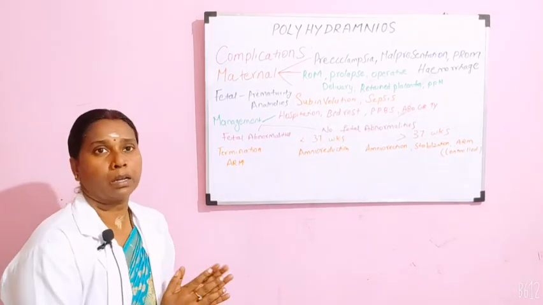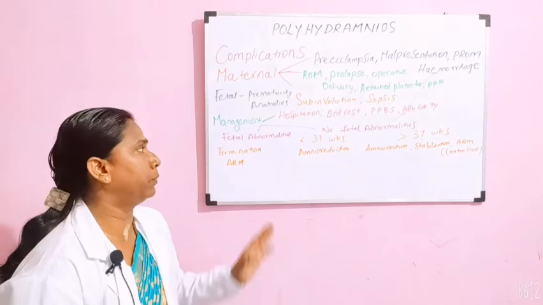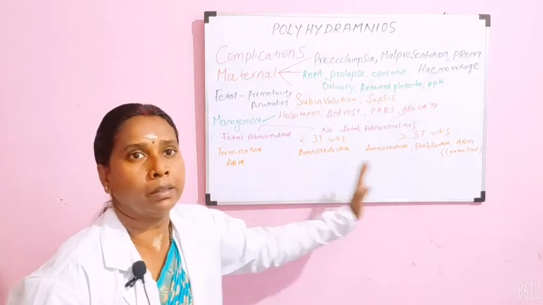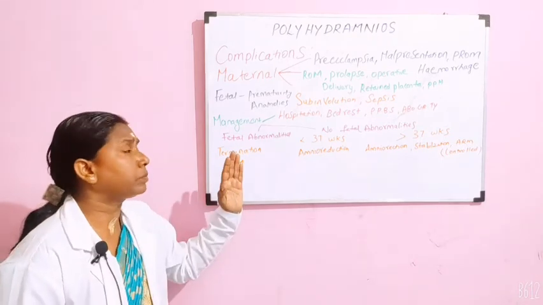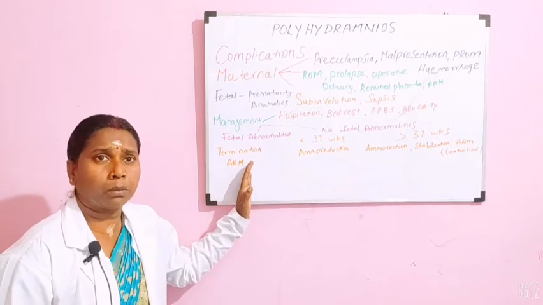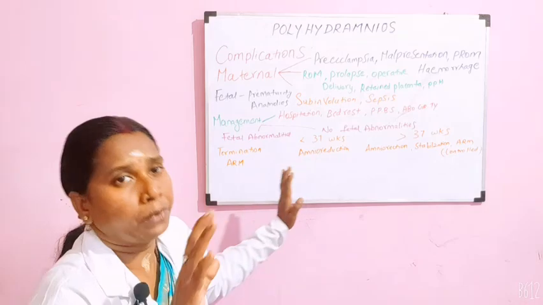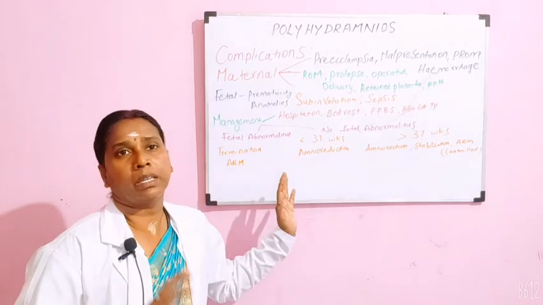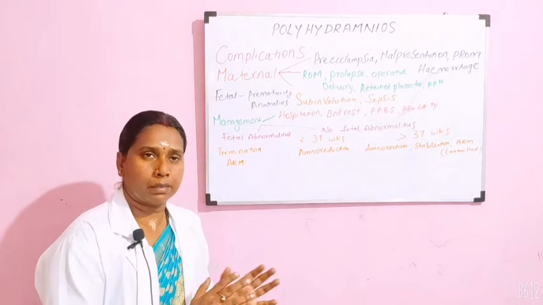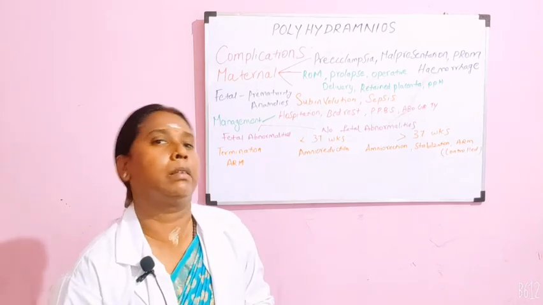And then when we come to the labor process, you have to divide the area into three: when there is a fetal abnormality, with or without complication, and whether it is less than 37 weeks or more than 37 weeks.